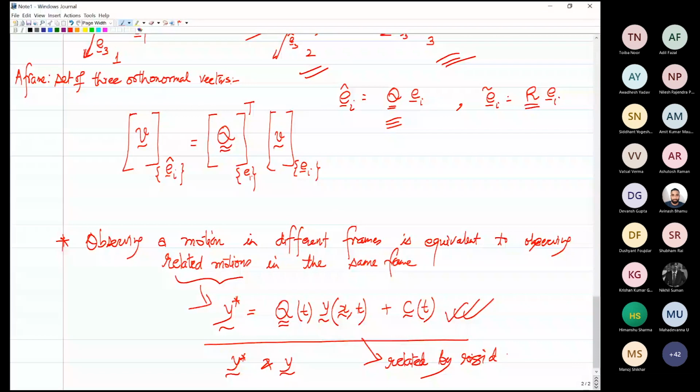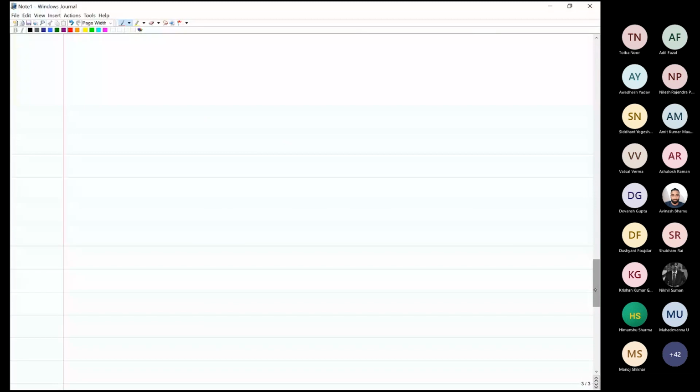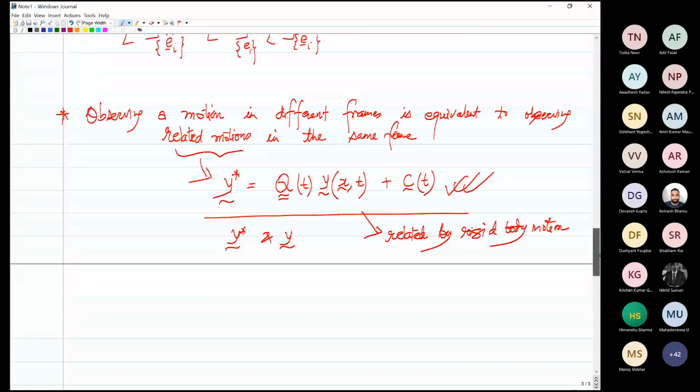So whatever is the deformation in the motion y, you will have the same deformation in the motion y star. Will you agree with me? Y star and y will have same deformation, and they are just related through rigid body motion.